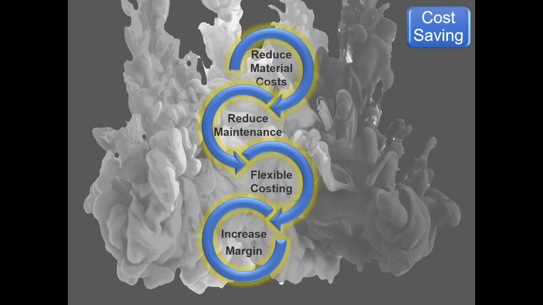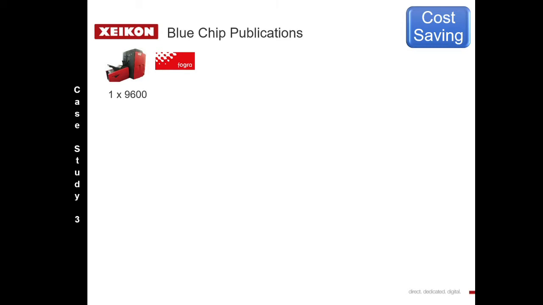So what did we have in case study number 3? We have a document customer printing blue chip publications. Within this organization, which was a very large conventional printer, they have already decided that their house standard is ISO coated or FOGRA 39, and this is what all proofs and all printing is driven to.